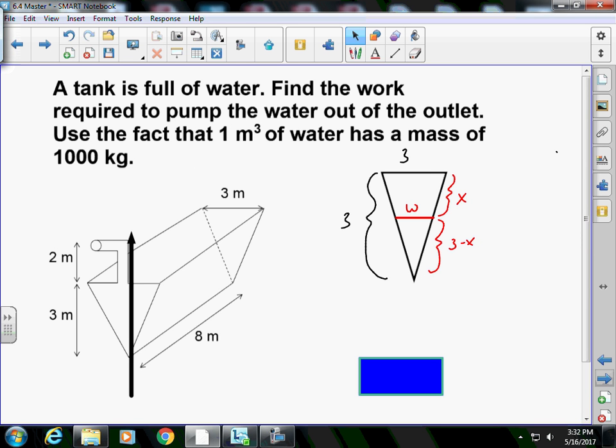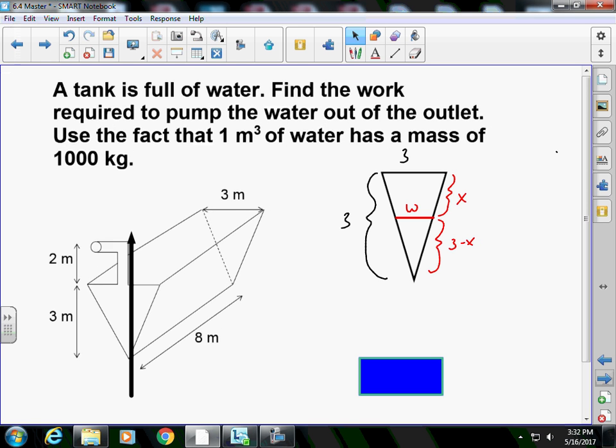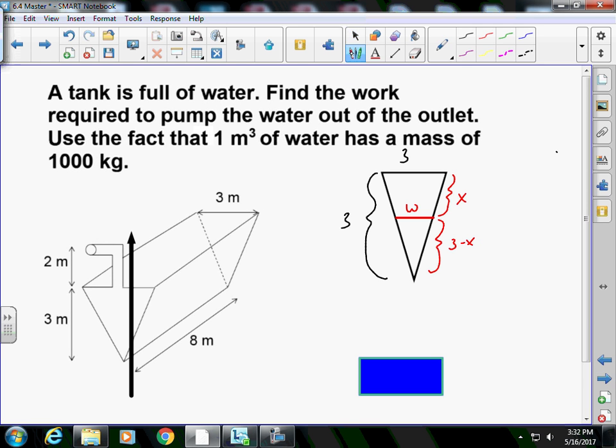Here's another problem. It's the same basic thing, but this time I have to look at a different way of creating my slices. So what I want to think about is I have this sliver here.